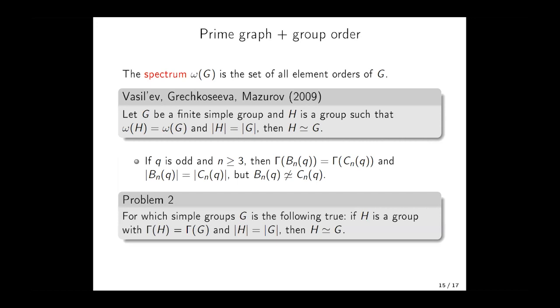But a problem arises: for which simple groups is the following true? If H is a group with the same Gruenberg Kegel graph and the orders are equal, then these groups are isomorphic. And this problem was formulated by Khosravi in his survey paper on Gruenberg Kegel graphs.